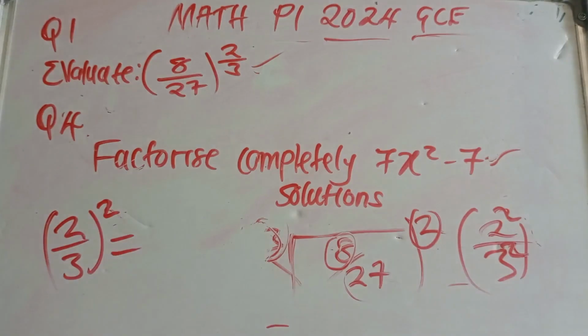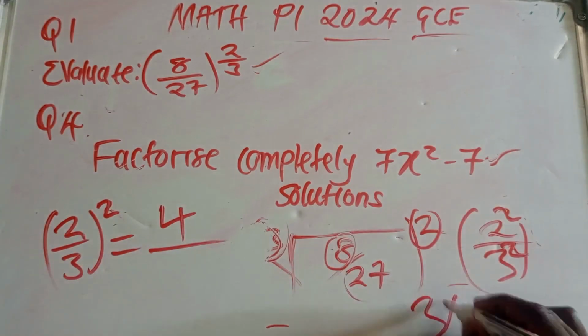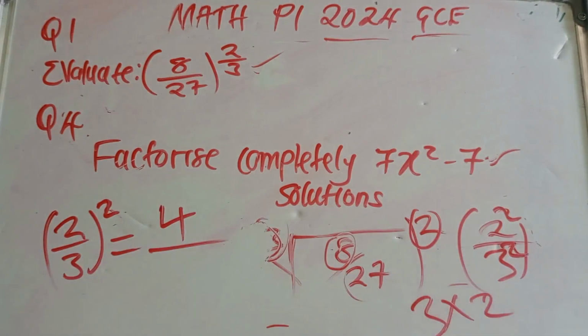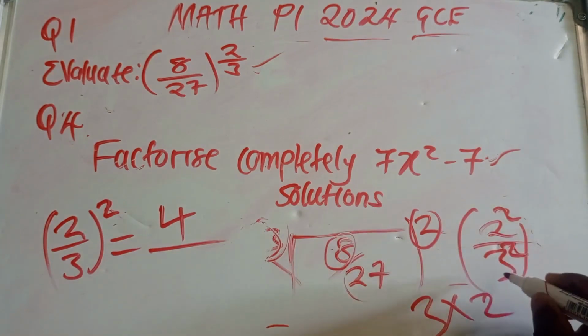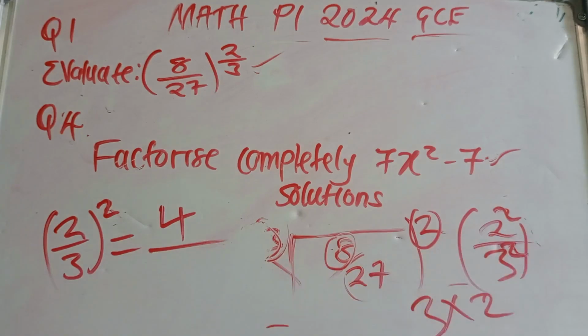So what is 2 to the power 2? The answer is 4. What is 3 to the power 2? Please do not do this; these are some of the common mistakes which most people make. This is not 3 times 2, but if you see 3 raised to a certain power, it means you are going to multiply this 3 by itself the number of times of the power.